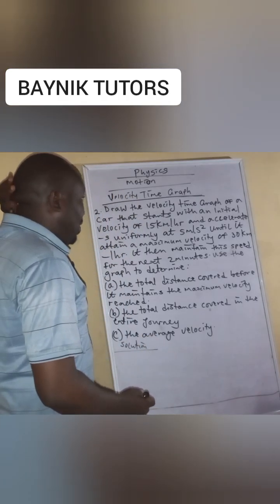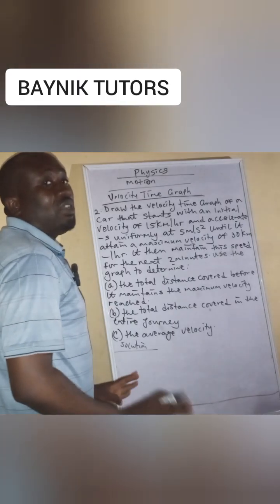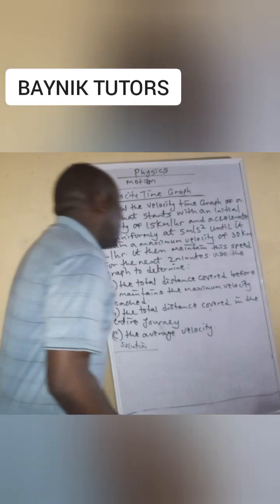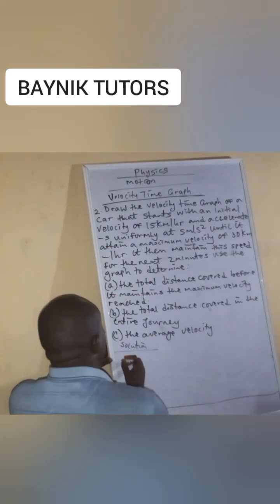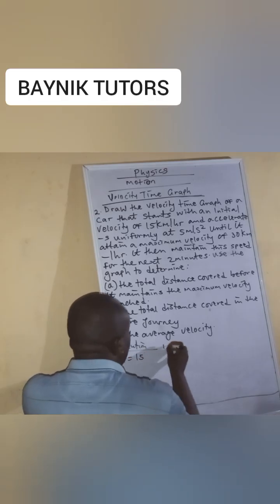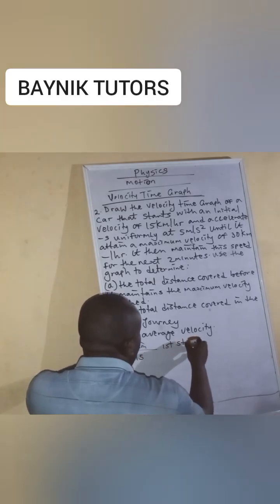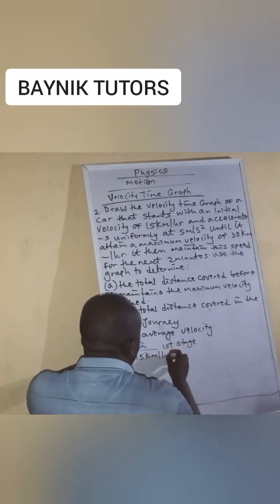A velocity time graph of a car which starts with an initial velocity. That means no address there. That's an initial velocity of 15 km per hour. We have U1 as 15 km per hour for the first stage.